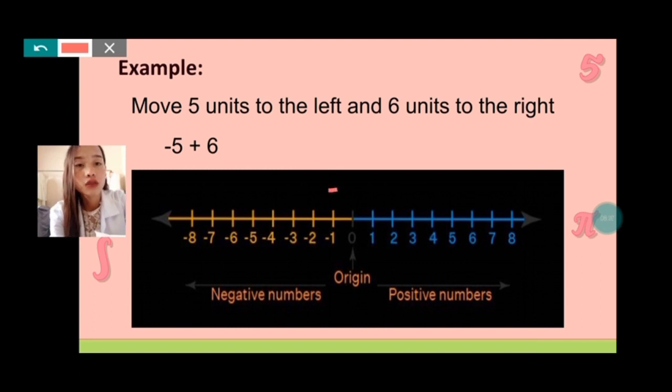So 1, 2, 3, 4, 5, and then 6 units to the right: 1, 2, 3, 4, 5, 6.